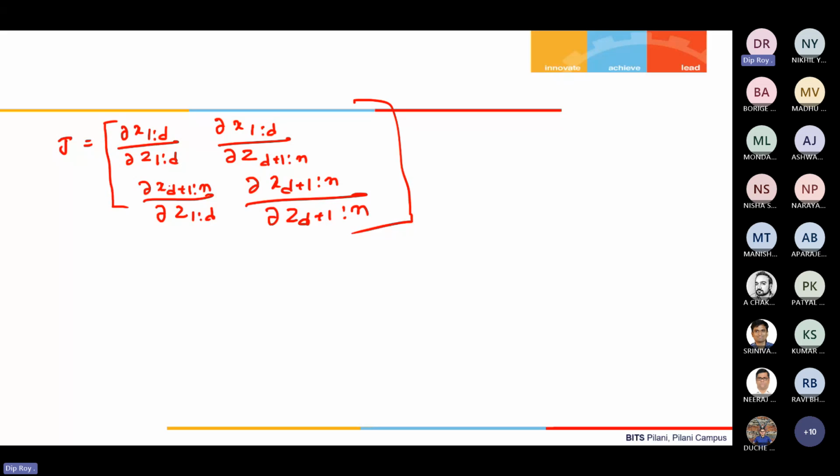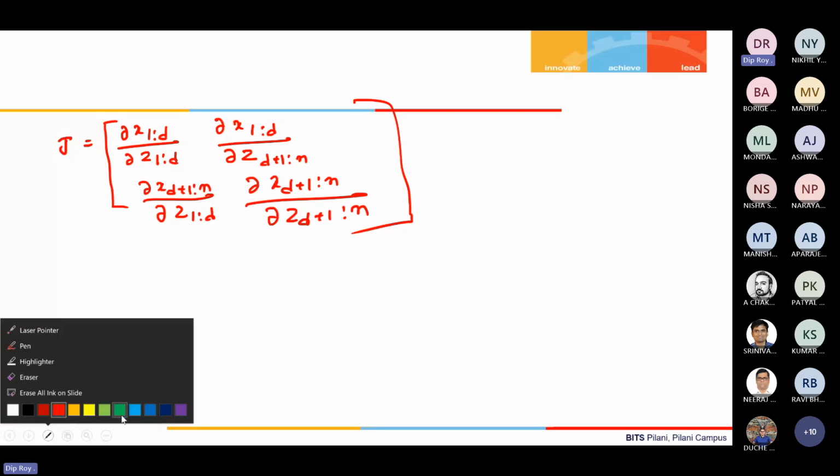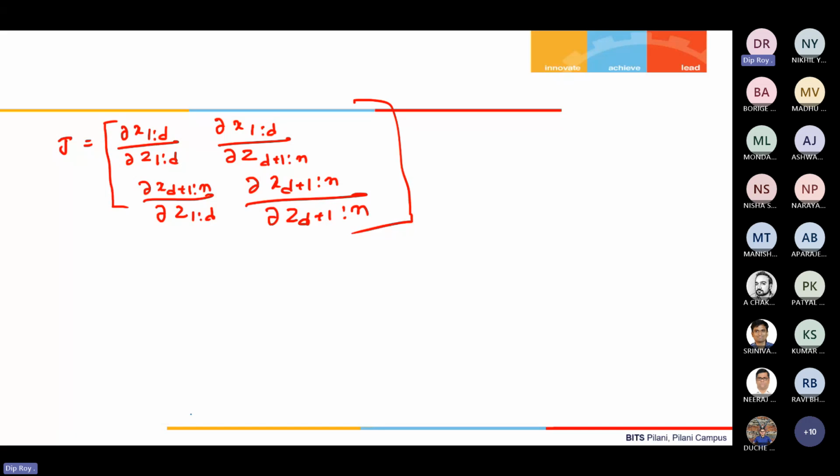How does the second output change for a small change in the first input, and in the second input? That's what the Jacobian does. It's an n by n matrix. Now, let's see how this Jacobian becomes that particular expression that we saw.